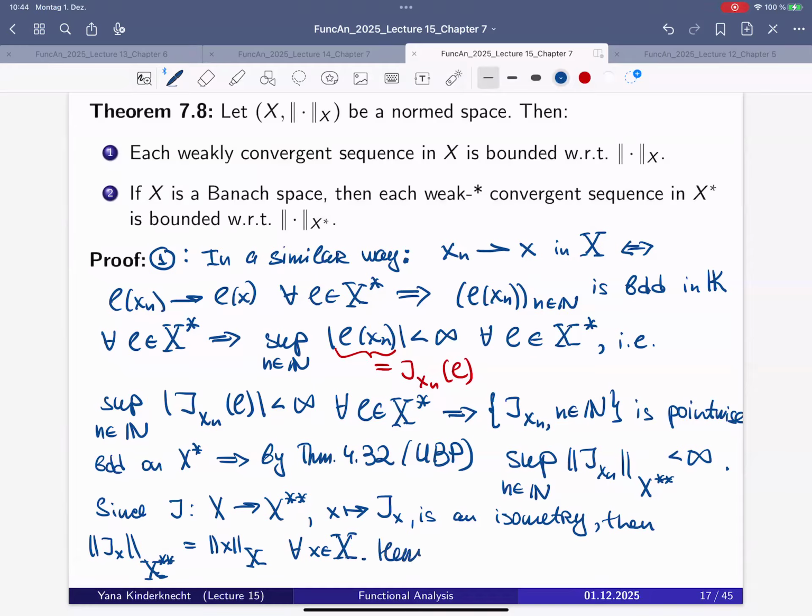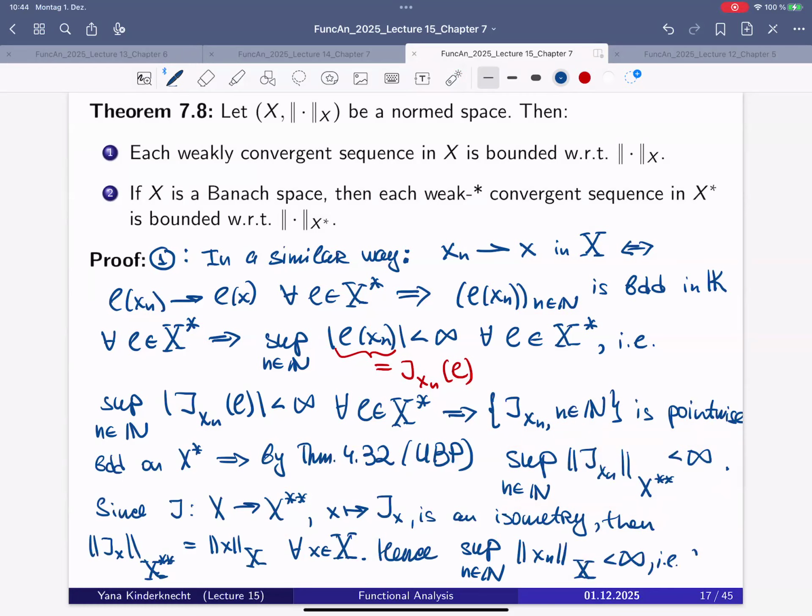Hence this can be rewritten in terms of norms of xn. Hence, the supremum over n of the norms of xn in X is finite.